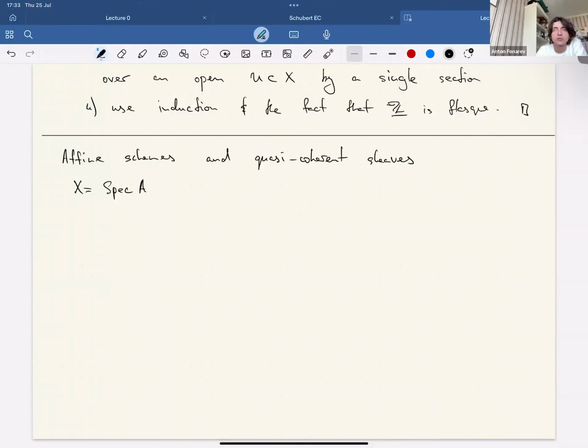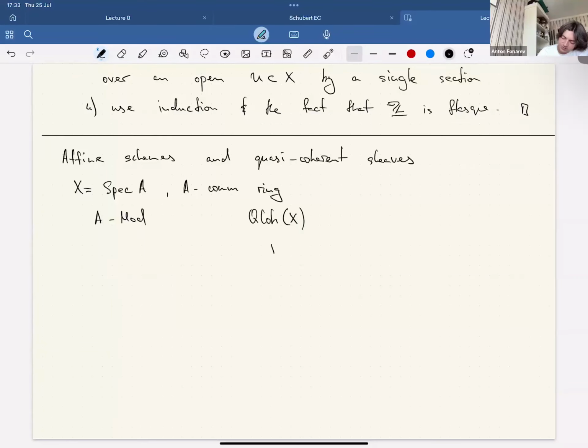If you want to think of varieties, A is your coordinate algebra, a commutative ring. Then remember that there is an equivalence of categories between A-modules and quasi-coherent sheaves on X.